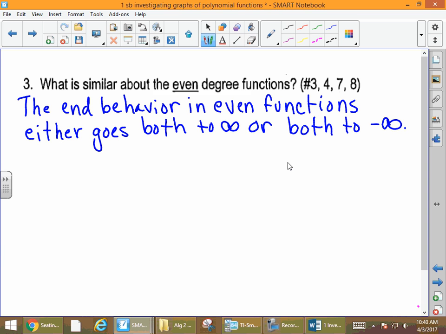But here's the important part from that. What was the domain and the range on 3, 4, 7, and 8? Well, the domain on all of them is all reals.